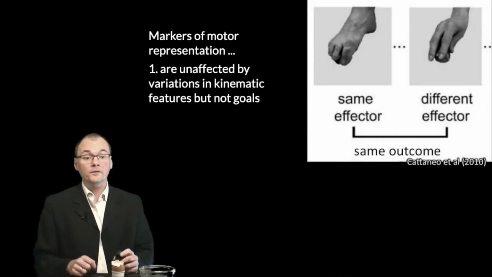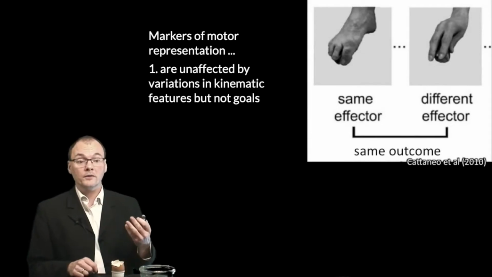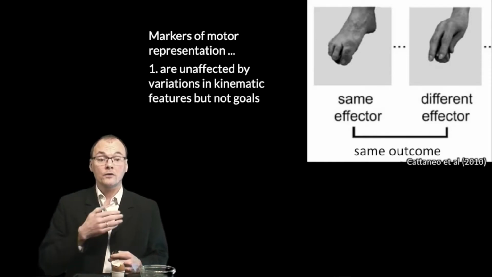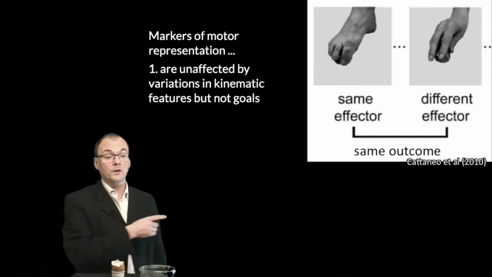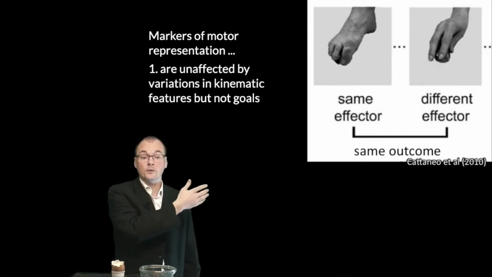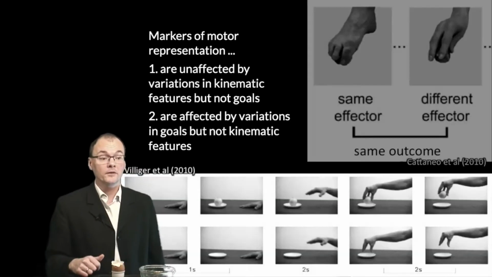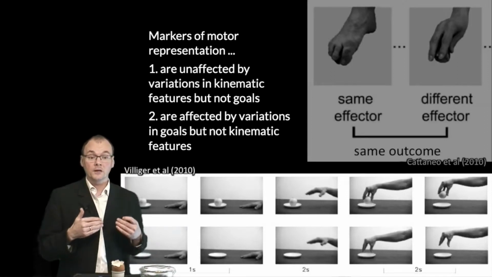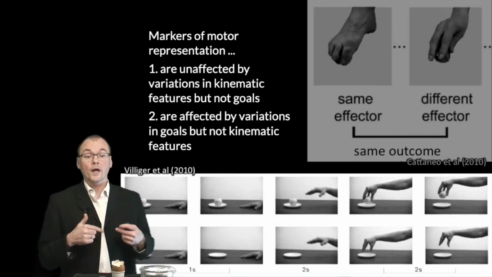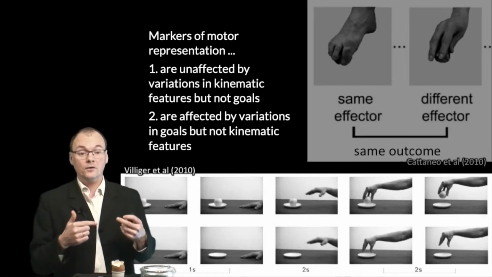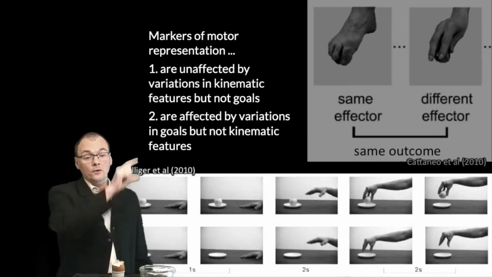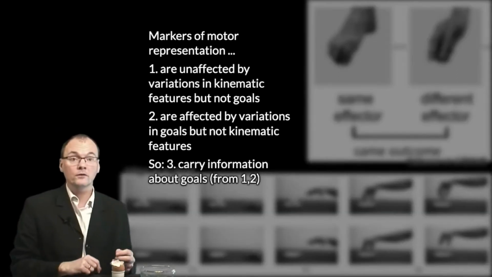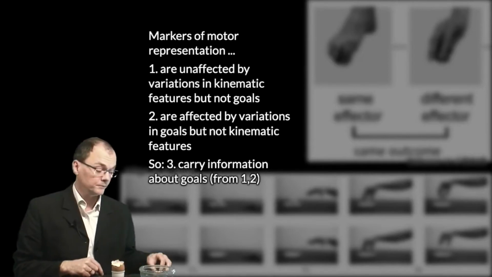Well, the first part is that those markers of motor representation are unaffected by variations in kinematic features which don't change the goals. Right? That's what the Cattaneo et al. study shows. That's what the Umilta et al. reverse pliers study shows. Also, they're affected by variations in goals where you keep the kinematic features constant. So those two converse findings tell us that the motor representations do carry information about goals.